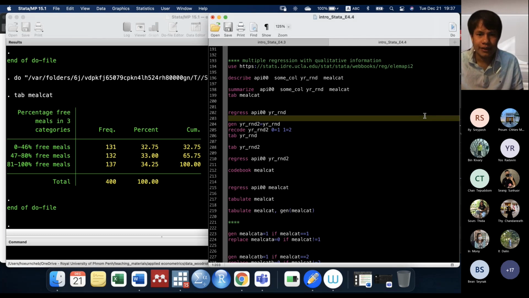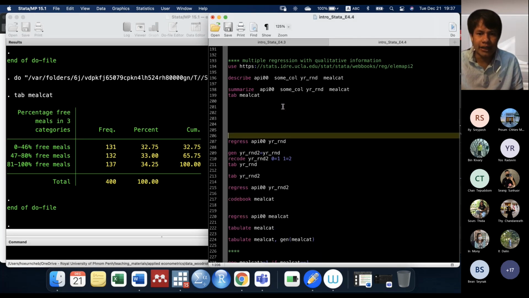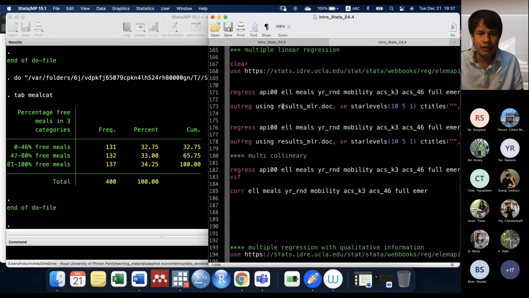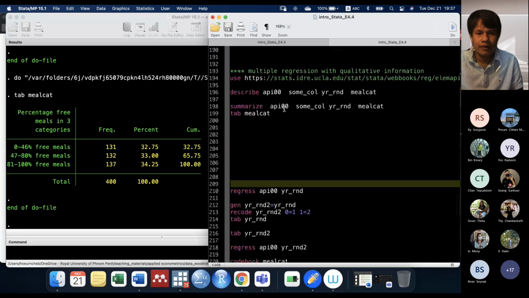You following me? So far I am here. So I enlarge the screen so that you can have a look. All right. So far we just got to know the data and variables. If the variable is continuous, use summarize.